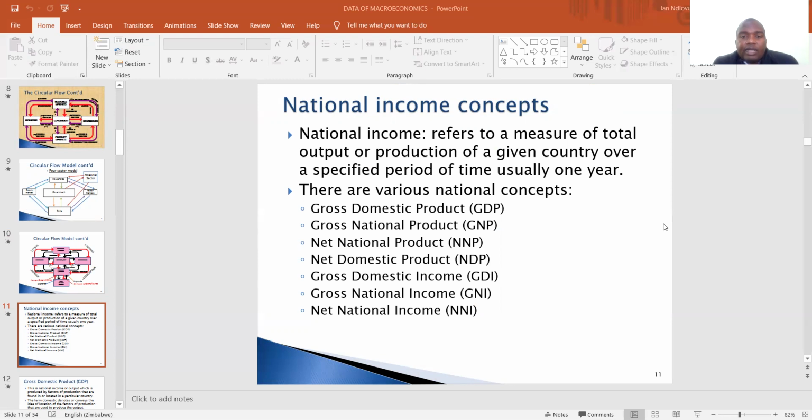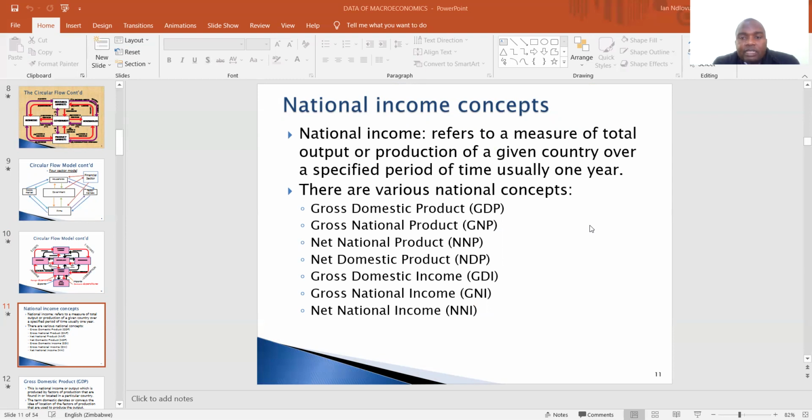So national income aggregates under certain conditions can be calculated over a 3-month period, such that the calculations can be on a cumulative basis every 3-month period when it has lapsed, and then figures can be published.